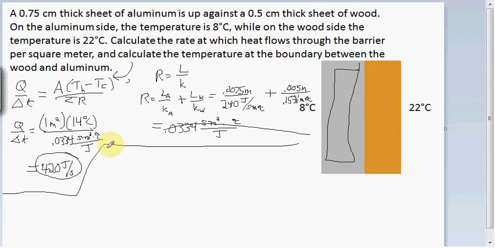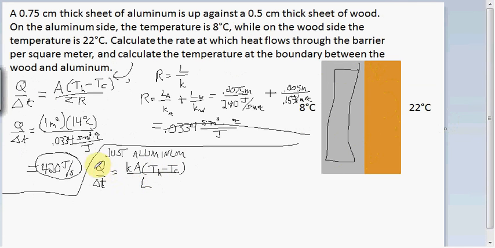So if I consider just the aluminum, I can say Q over delta T is equal to K times A times TH minus TC divided by L.